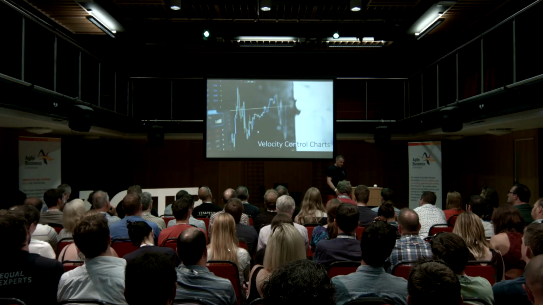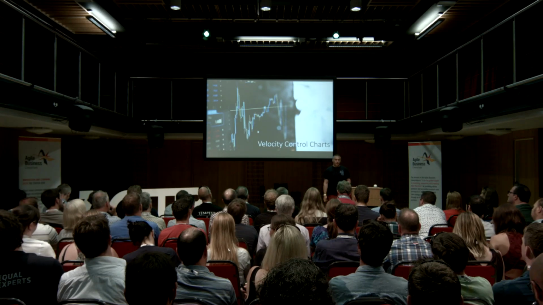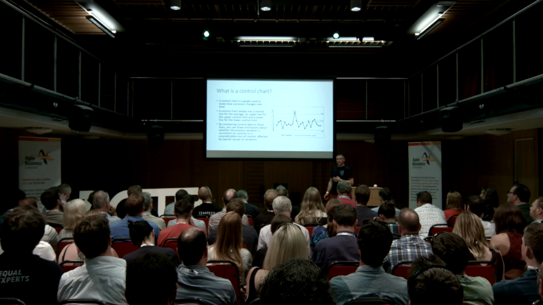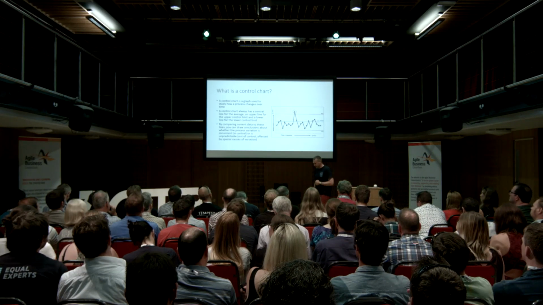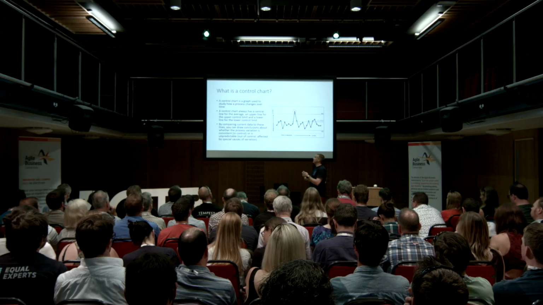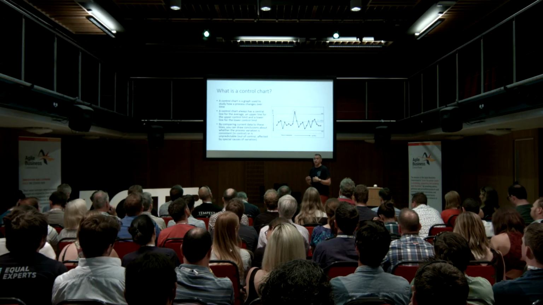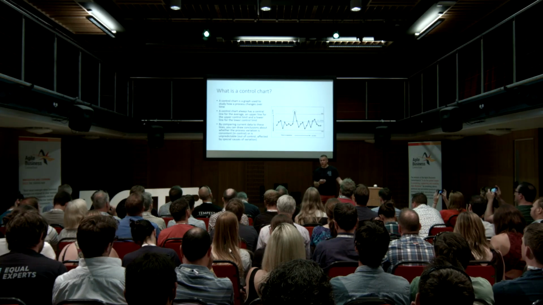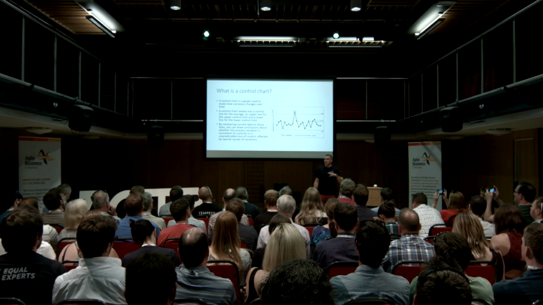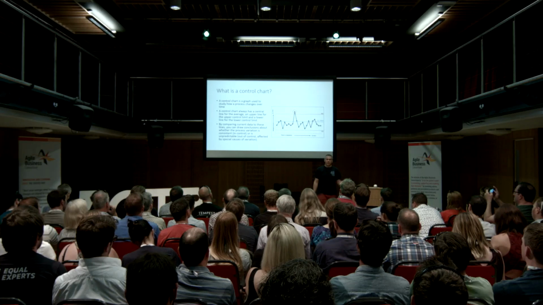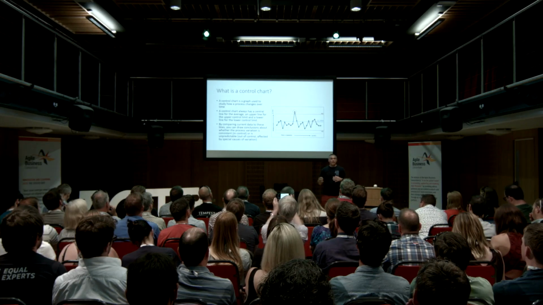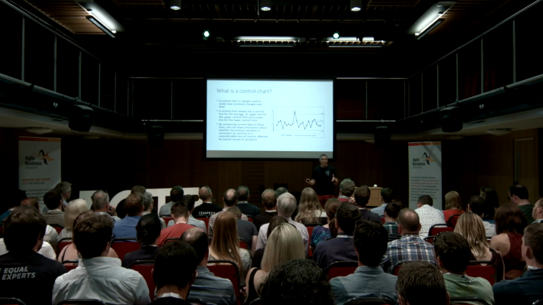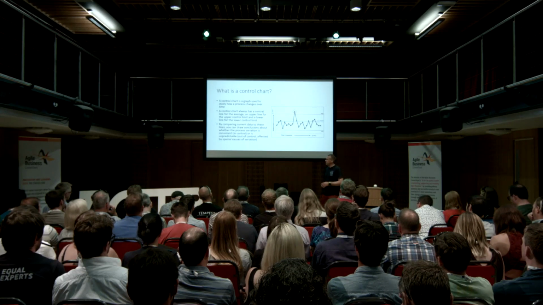So for this, we've been looking at using control charts for measuring velocity. It's a quick primer on control charts. A control chart is a chart that is used to look at a process to see whether it's in control or out of control. It's used quite a lot in manufacturing to look at how machines work and whether they are delivering widgets in a consistent way.